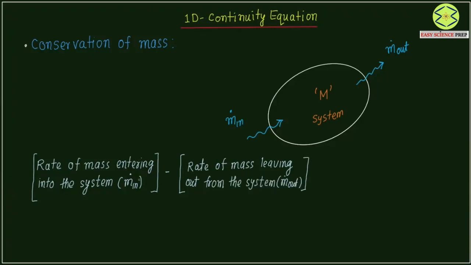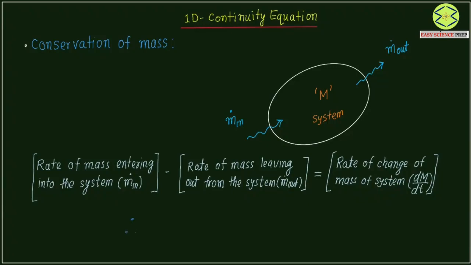If the rate of mass entering into the system is more and the rate of mass leaving from the system is less, then the mass will be accumulated in the system, that is the rate of change of mass of the system. It is changing with respect to time, so we write this as the rate of change of mass with respect to time, that is dm by dt. This is the general mathematical expression for conservation of mass.